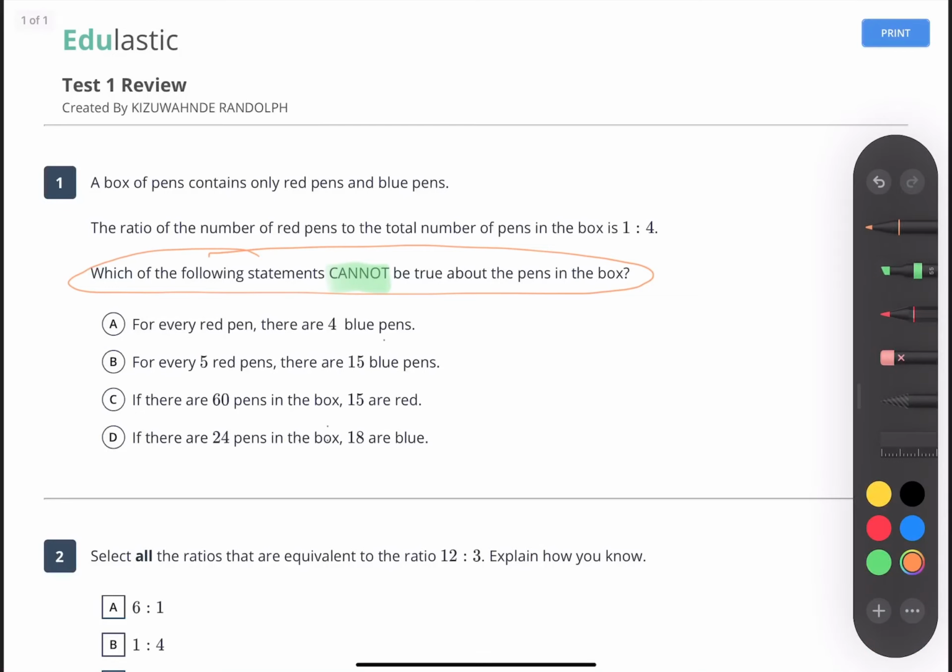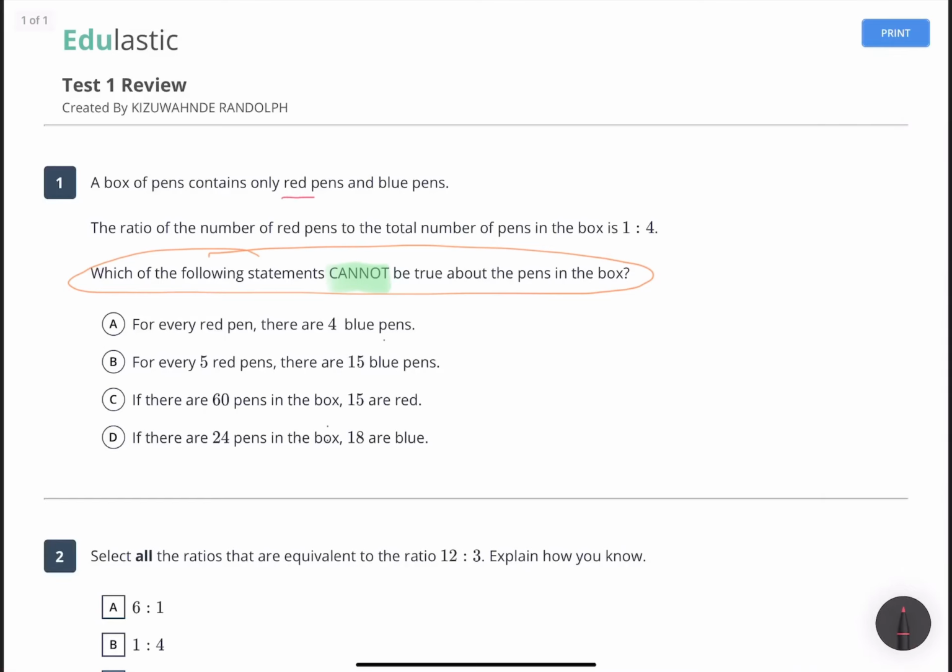Then I'm going to go back to my question and underline some important information that can help me answer it, which is the box only contains red and blue pens, and the ratio of red pens to the total number of pens in the box is 1:4.